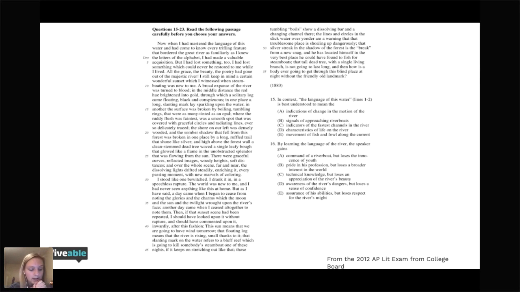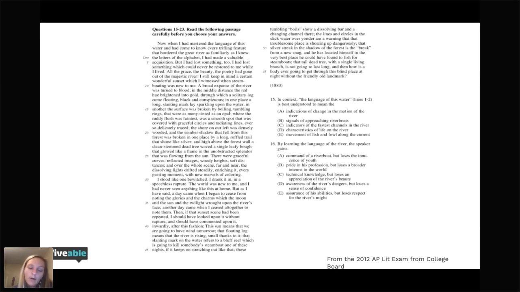So the answer is A. It's talking about the indications of change in the motion of the river, because when I saw this answer, I was like, interesting. But I looked at it and I understood why that was the right answer eventually.